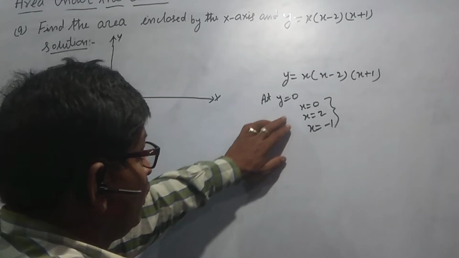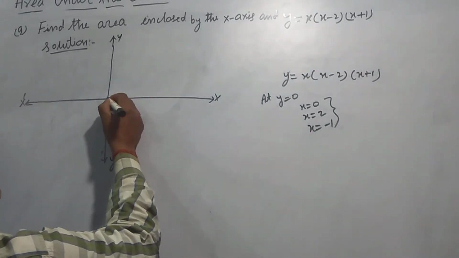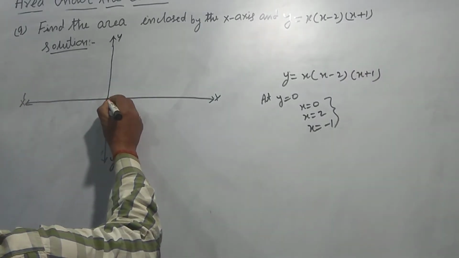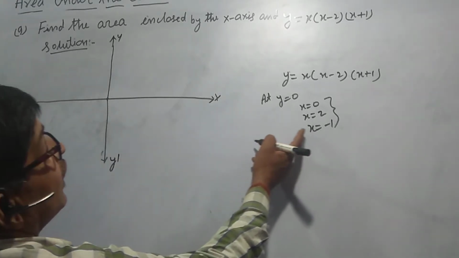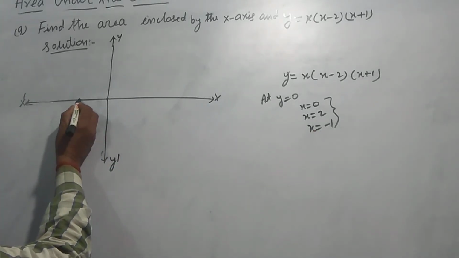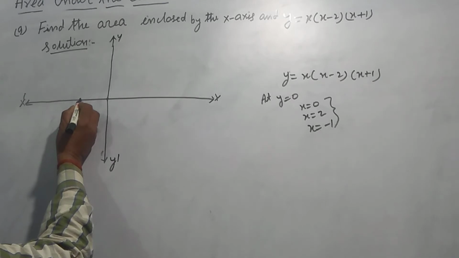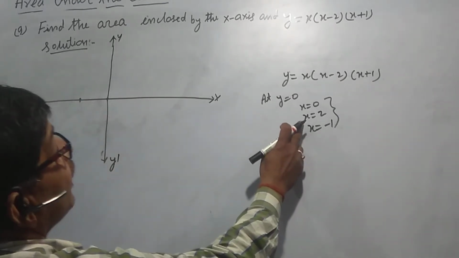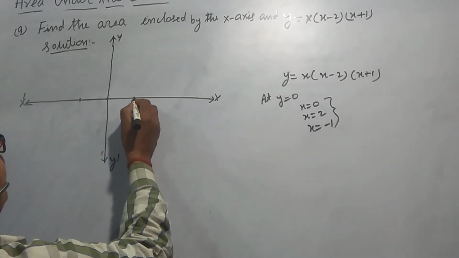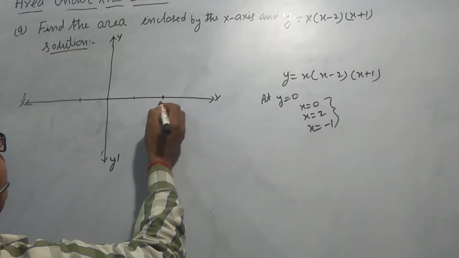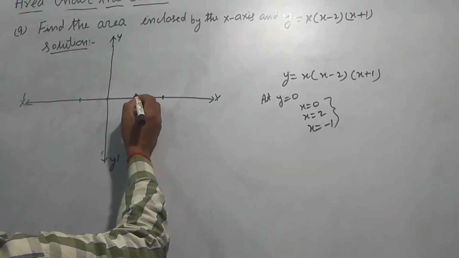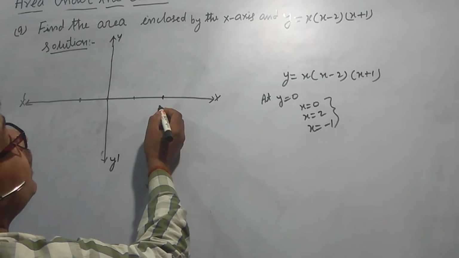Y is equal to 0 where x is equal to minus 1 and x is equal to 2, 1 and 2 here. This is a 1 and this is a 2 here.